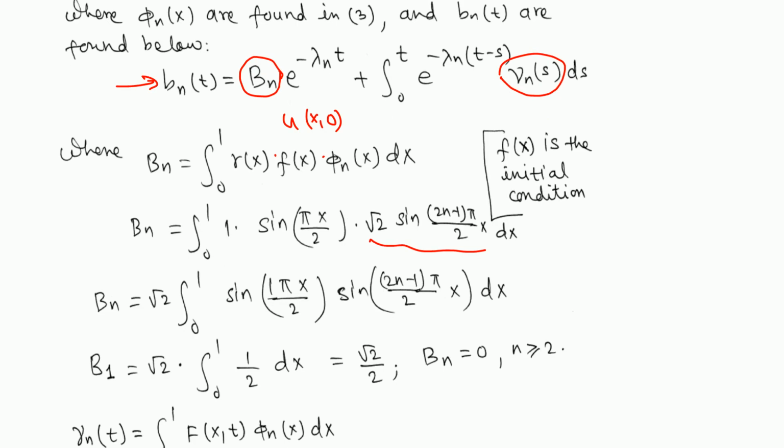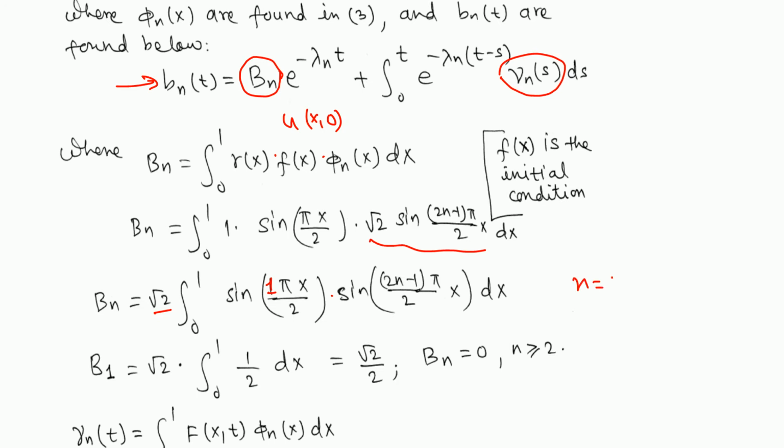We can pull this root 2 outside, which leaves the integral from 0 to 1 of sine of 1 pi x over 2 times sine of (2n minus 1) pi over 2 x. We know that these sine functions are orthogonal, and most of the time the integral will be 0, unless they are the same. When 1 and 2n minus 1 are the same, that happens when n equals 1.